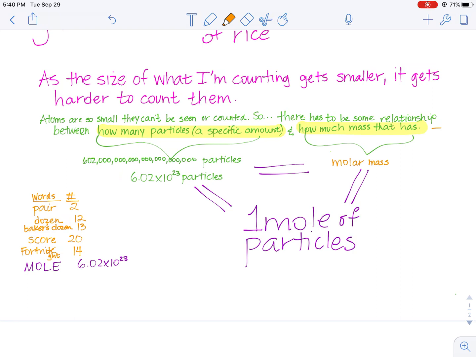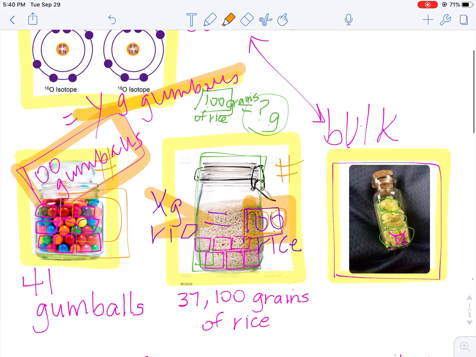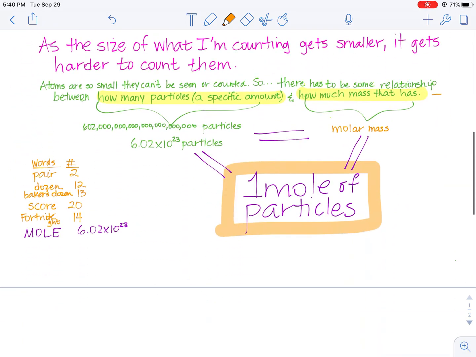The awkwardness to it is that that bunch, like the exact amount that we're putting into the dish to get the mass of, in chemistry, that's called 1 mole of particles. So if in my example I had said, let's count out 12 grains of rice or 12 gumballs, that would mean we massed a dozen. A dozen means 12. In chemistry, when you have 6.02 times 10 to the 23rd particles, it's called a mole.